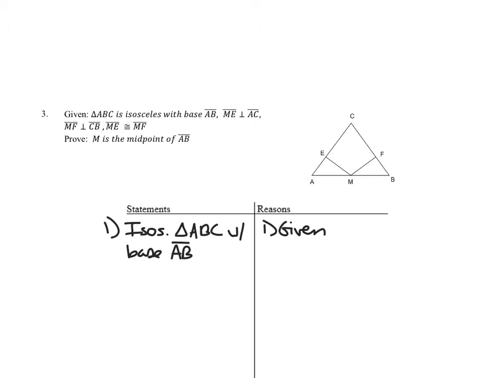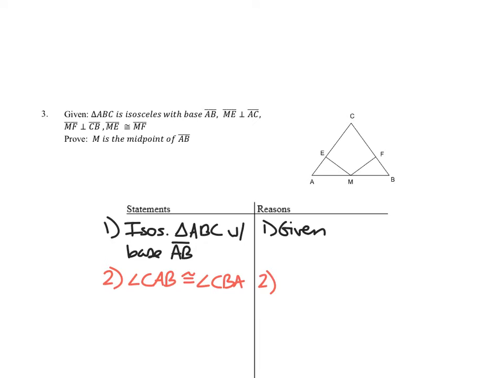We know that ME is going to be perpendicular, a lot of perpendicularity, ME is congruent, all that good stuff. And we need to prove that M is the midpoint of AB, right? Somehow, some way. But let's start with the isosceles triangle business. What I can state immediately is angle CAB is congruent to angle CBA.